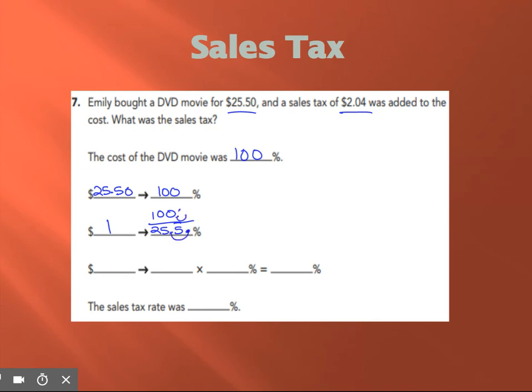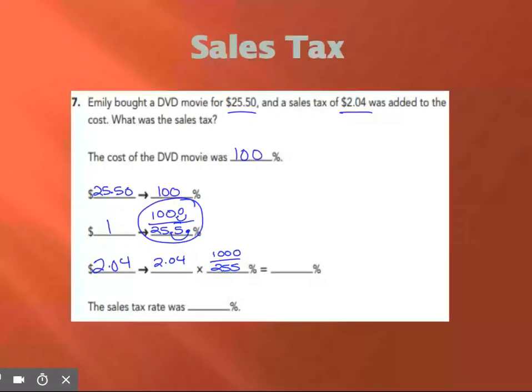So you'd have to add another 0 here. So now we're going to leave it in fraction form as 1,000 divided by 255. So to figure out what $2.04 is, you're going to multiply 204 times 1,000 over 255.